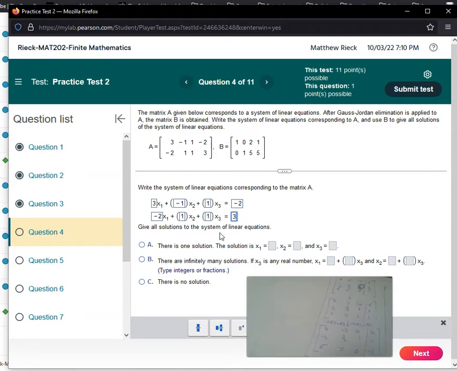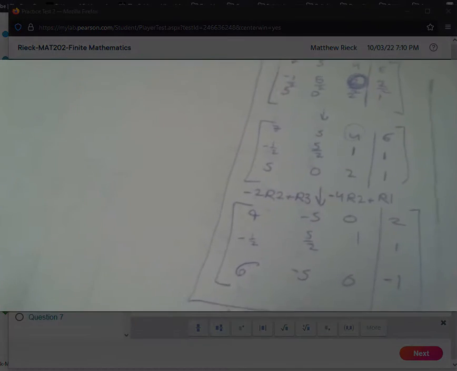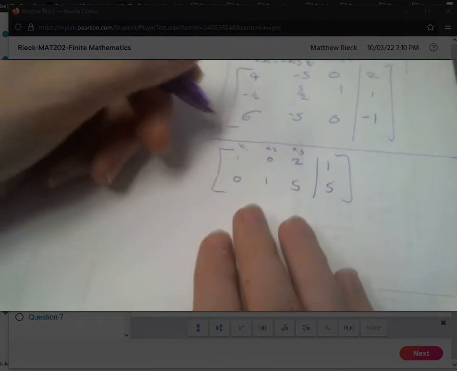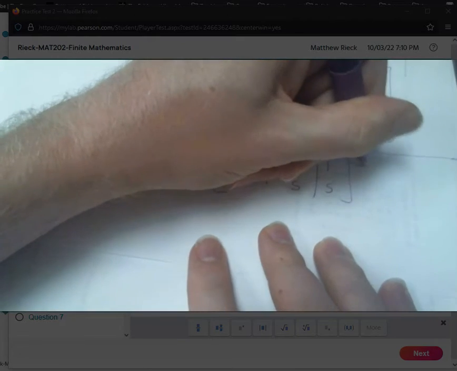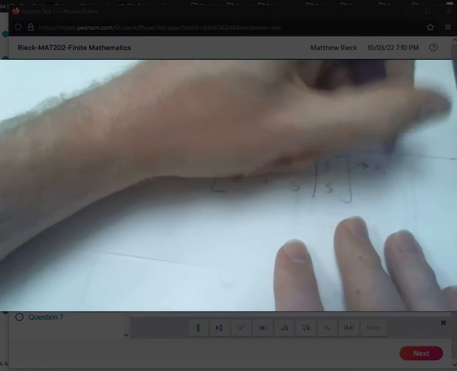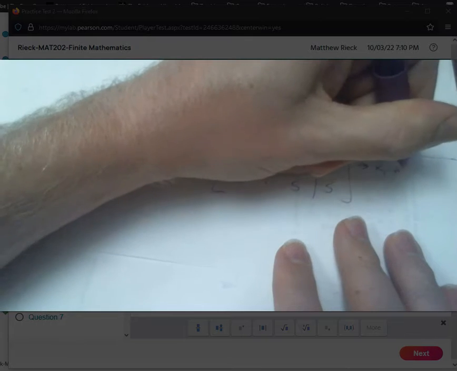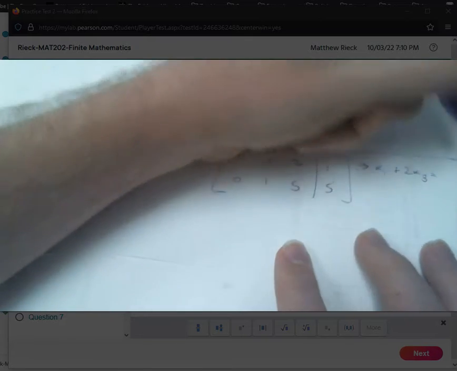All right. So my final matrix... So yeah, again, what these represent here, this first row represents the equation x1 plus 2x3 equals 1.